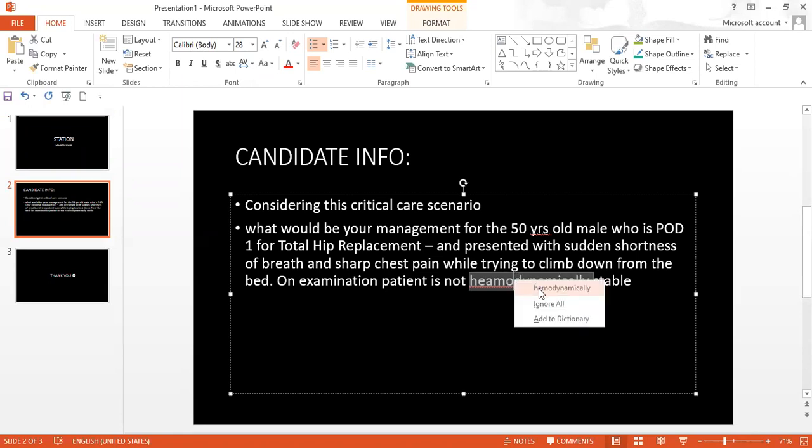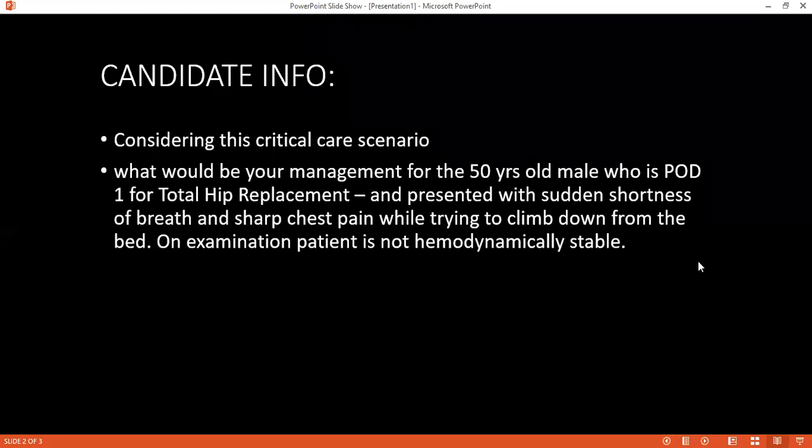And if there is massive pulmonary embolism and low risk of bleeding, then I will go for tissue plasminogen activator. And if there is high risk of bleeding, then I will go for surgical embolectomy and catheter directed.